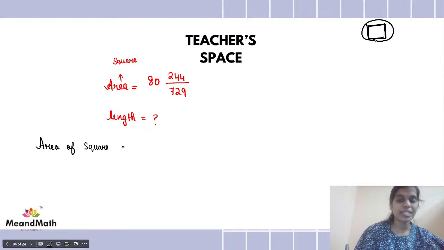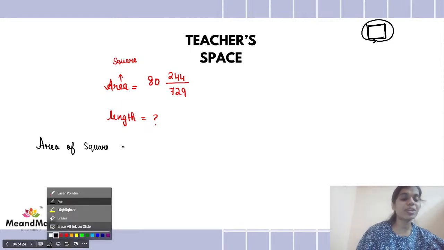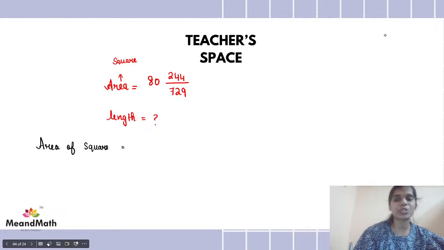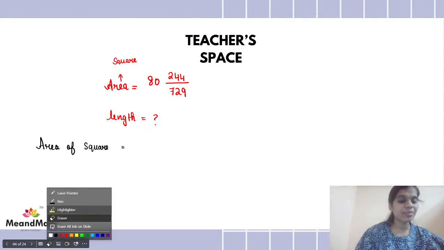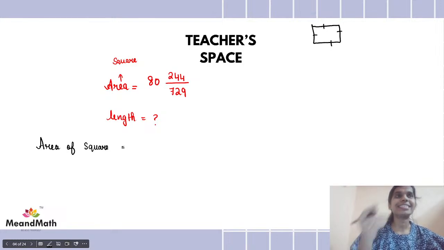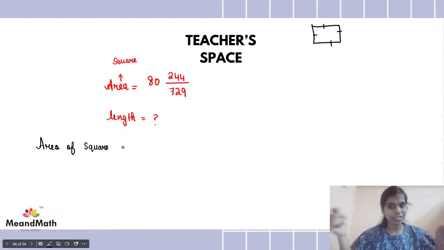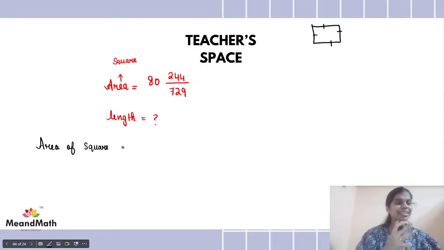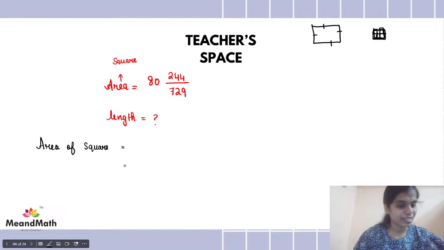That is the boundary, like the boundary of a ground. Here we were discussing area. Area is the amount of space occupied. Whatever space is occupied, that is said to be area.